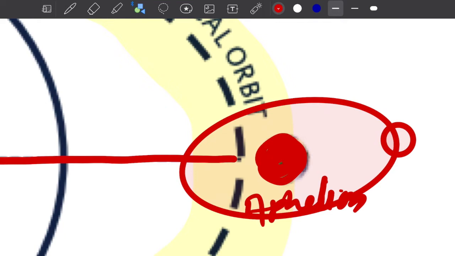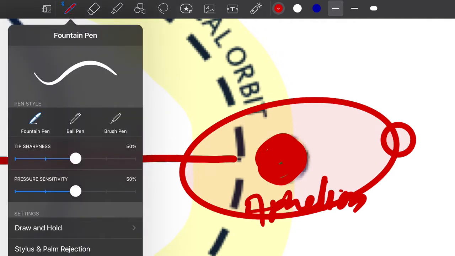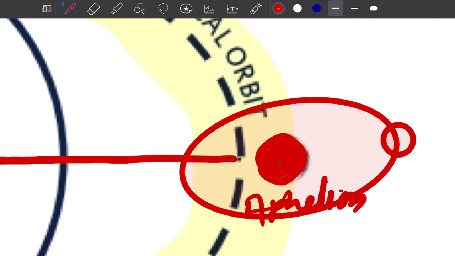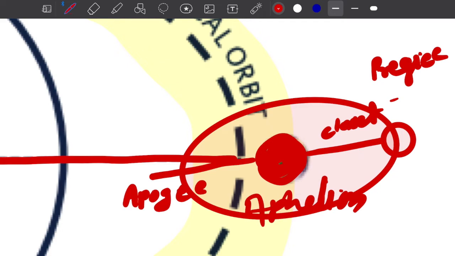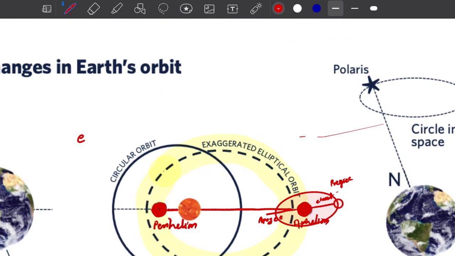This is our Earth-Moon system. In the case of the Moon, if the Moon is closest to the Earth, then that point is not perihelion, it's called perigee. At the farthest point, it is called apogee. So this is the difference.